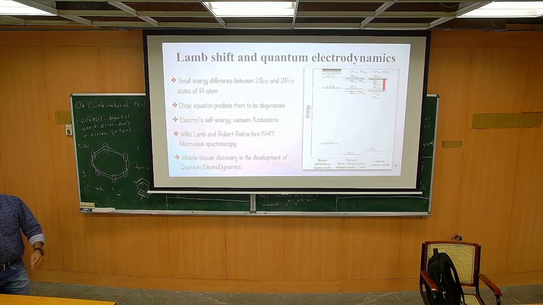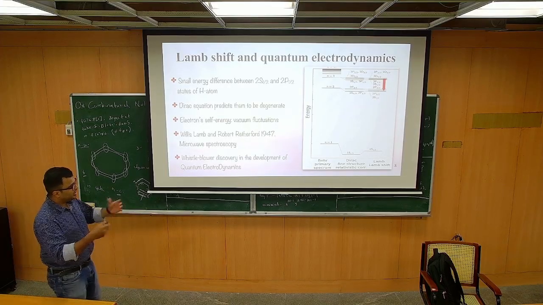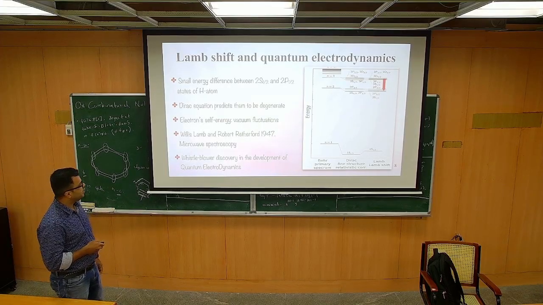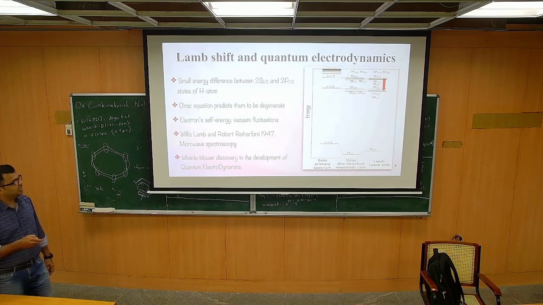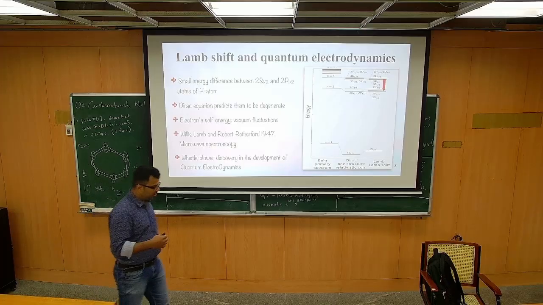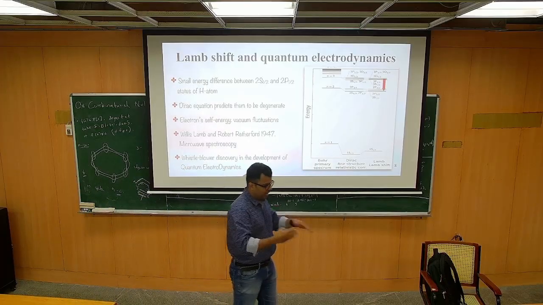These kinds of vacuum fluctuations give corrections to the interaction strength of the system, and that effectively leads to some energy difference here. Let me not speak of those details, but the main message is that we needed quantum electrodynamics to explain this energy difference.